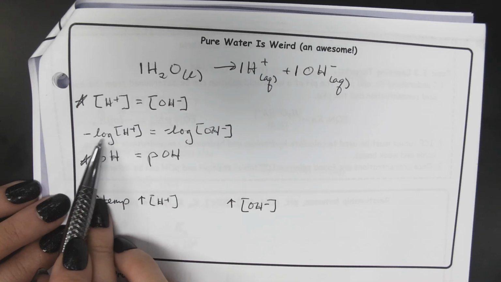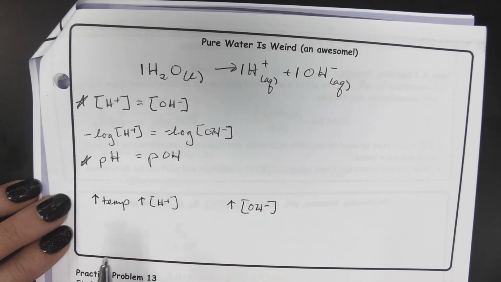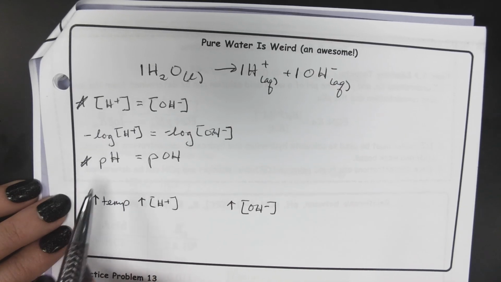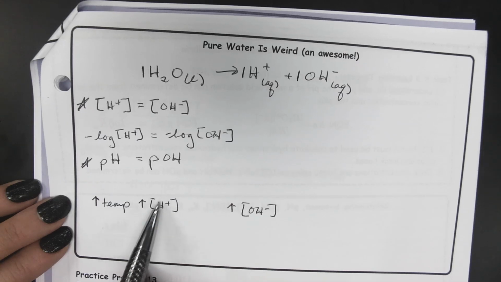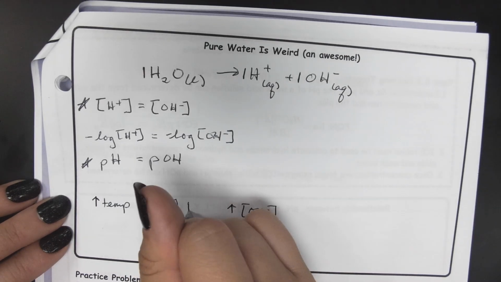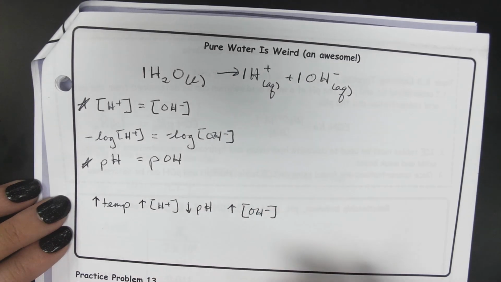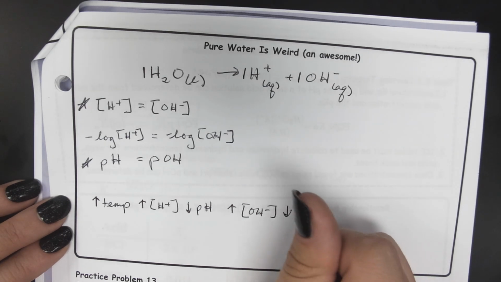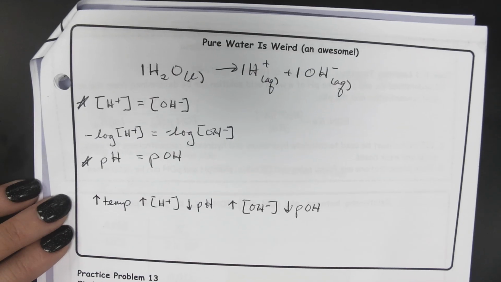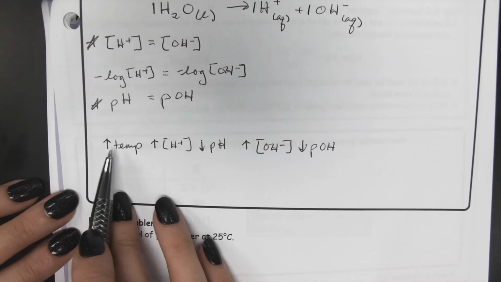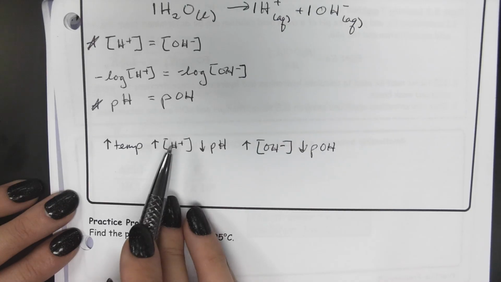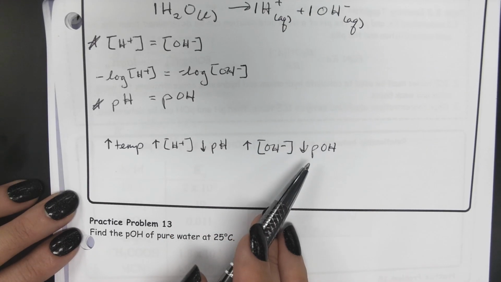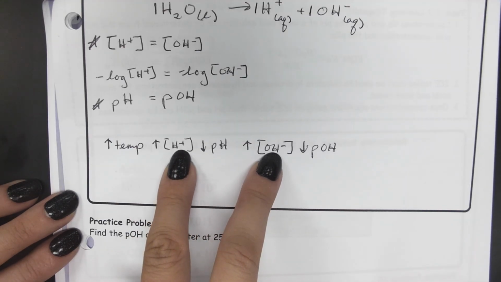But if you do the negative log, that equals pH. Remember how concentration and the P value are always inversely proportional. The more H plus we get, the lower our pH is going to be. And the more OH minus we get, the lower our POH is going to be. So in pure water, if the temperature increases, the amount of H plus and OH minus go up, and the pH and the POH go down, and these two things equal each other.